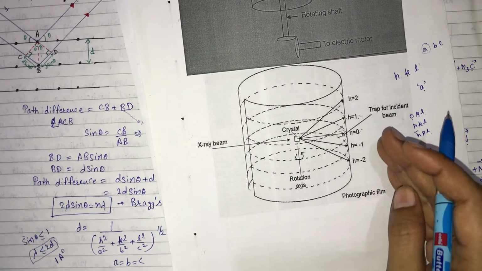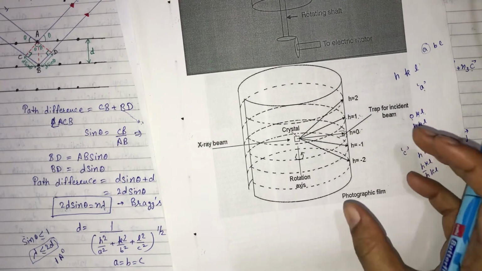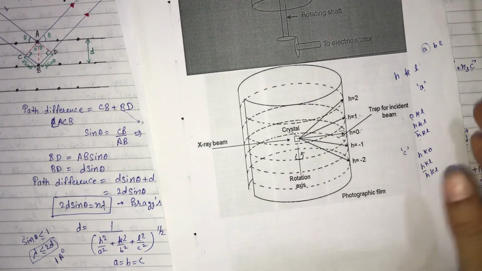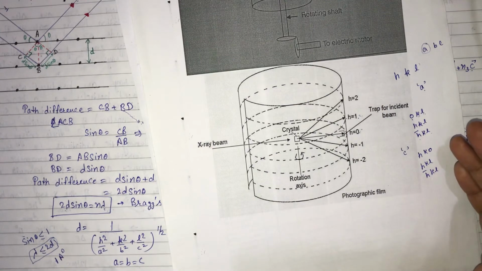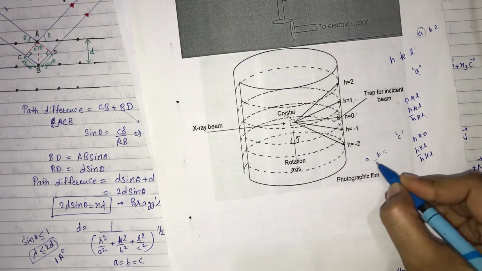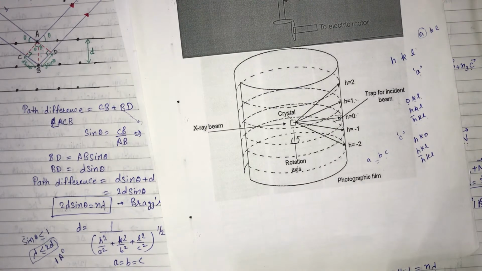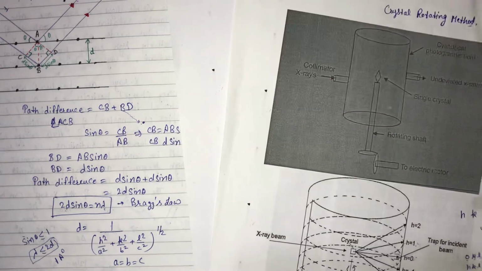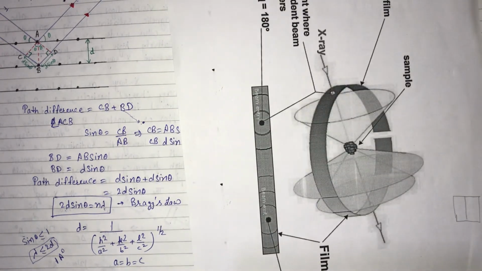So in this way we can locate the lattice points on a particular crystallographic axis, and we can determine the values of A, B, C, which are the lattice parameters. So this crystal rotating method is used to determine the dimensions of the unit cell, and from this we can further determine the structure of the crystal.